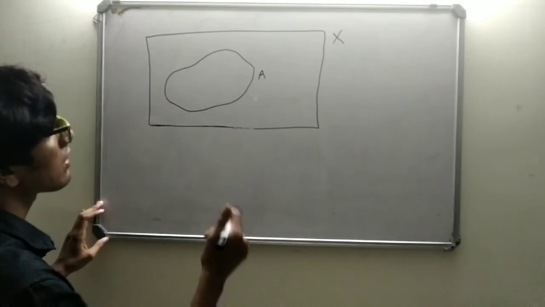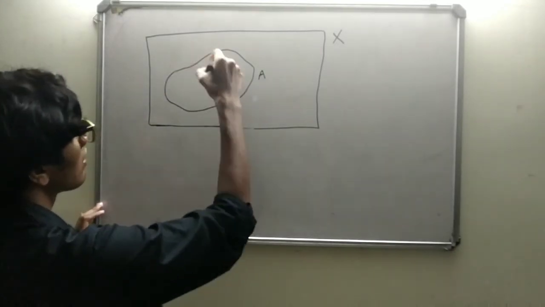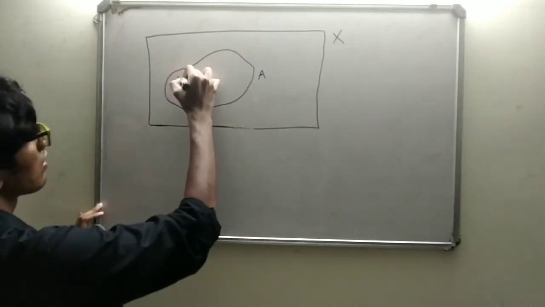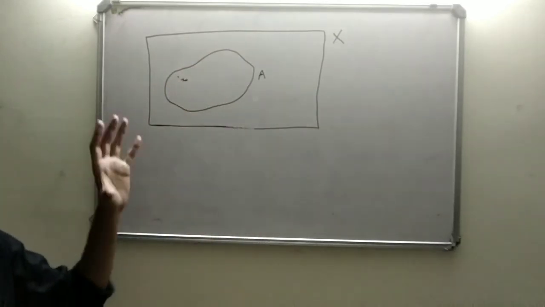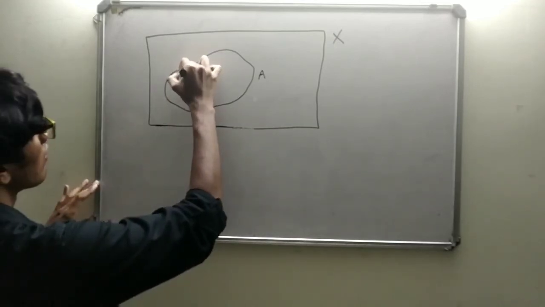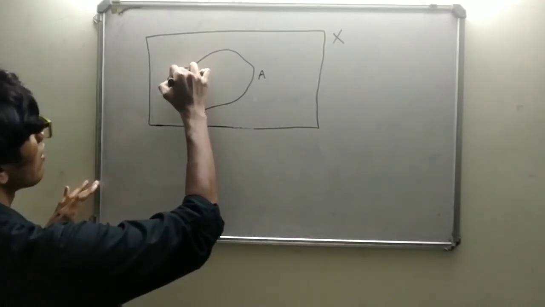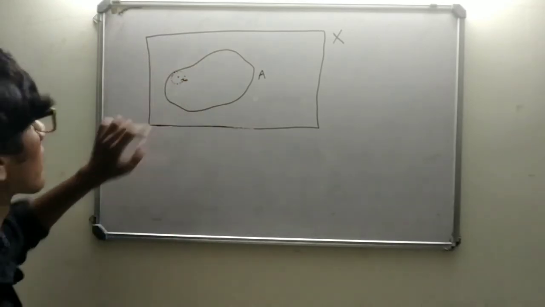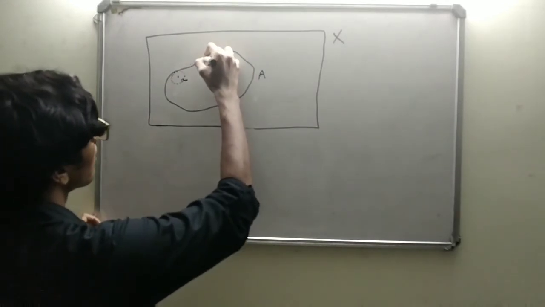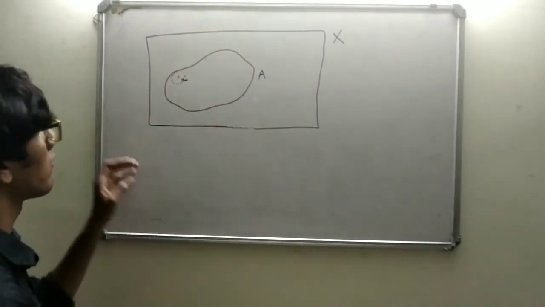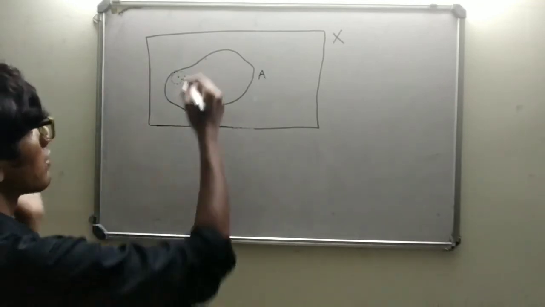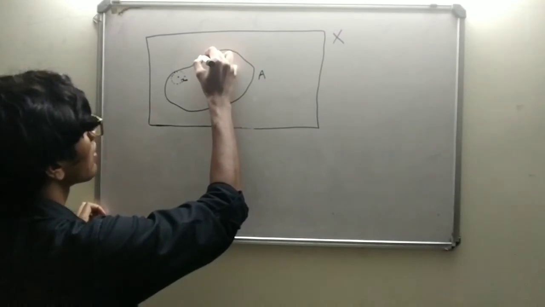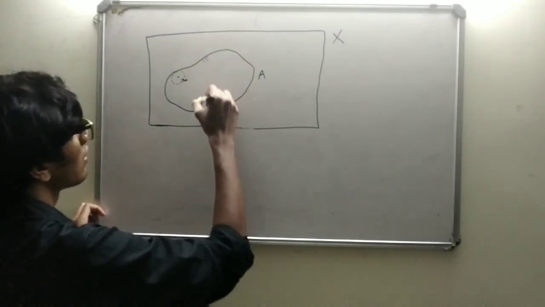It means that if we take any arbitrary point x naught in A, we could find some open ball which lies completely inside A. That applies to any point which lies near the boundary of A. Even there we can find a very small value of r, and then we can draw a small open ball there.